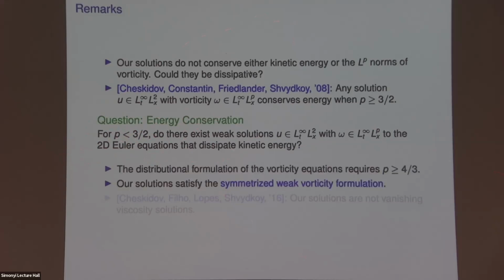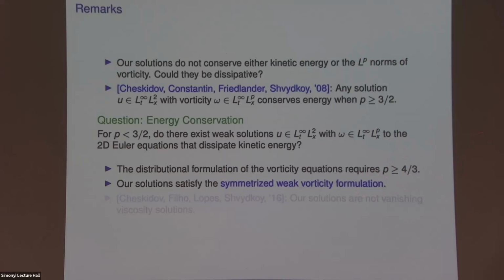And regarding the vorticity formulation, when p is so small, close to 1, the vorticity formulation doesn't make sense distributionally because the velocity field times the vorticity is not an L1 function. The first exponent where it makes immediate sense is p bigger than 4/3.